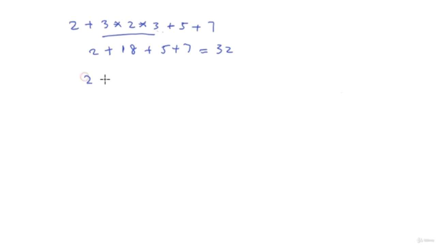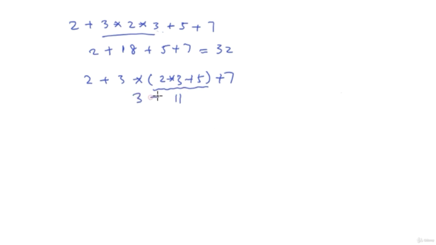Now what if I have parentheses: 2 times 3 plus 5, then plus 7. With this parenthesis, the order of computation changed. This is computed first. So 2 times 3, 6 plus 5, 11.